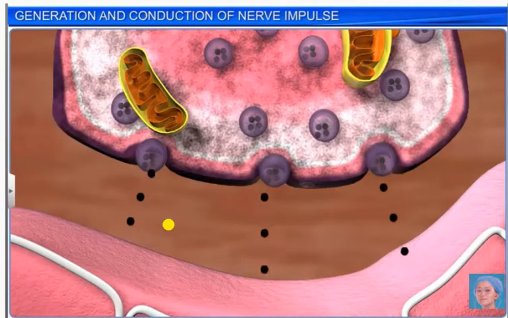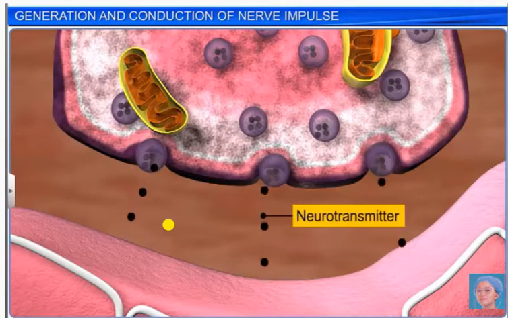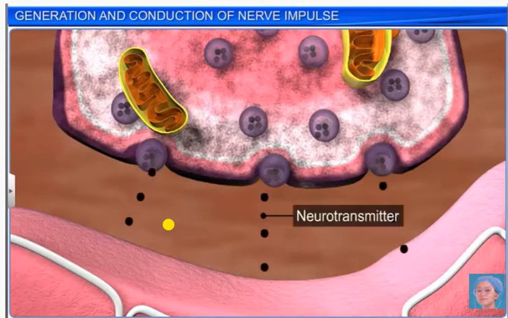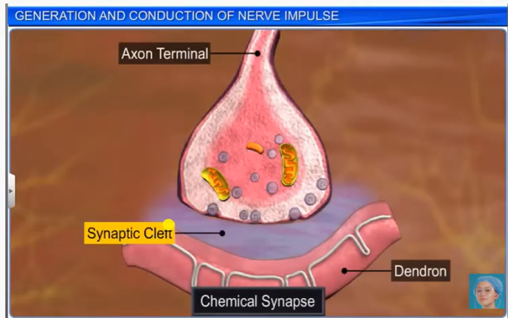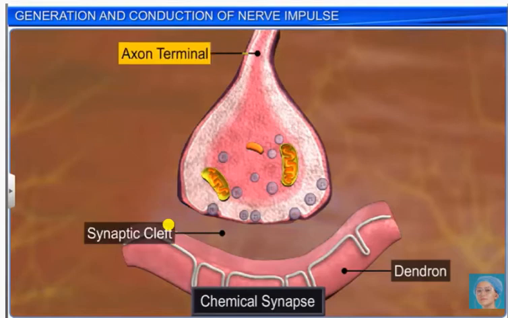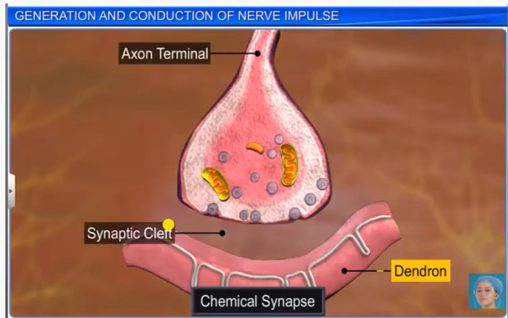Each synaptic vesicle contains neurotransmitter chemical molecules such as acetylcholine. The synaptic cleft is a fluid filled gap between the axon terminal and the dendron of another neuron. So there is no protoplasmic continuity between neurons.